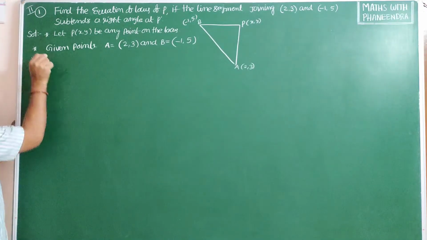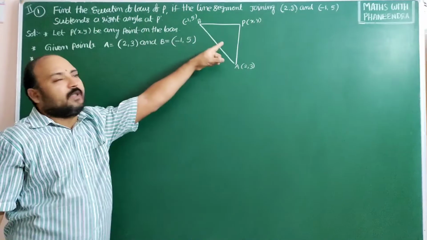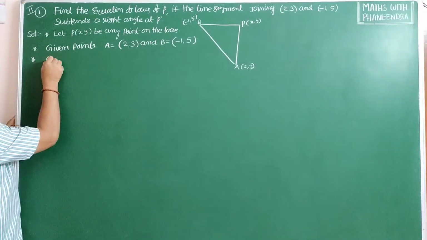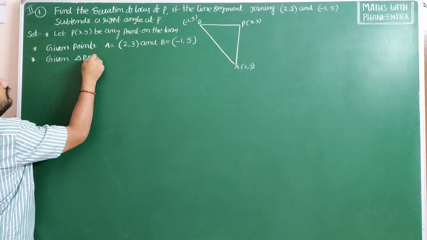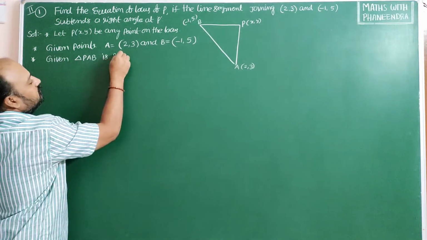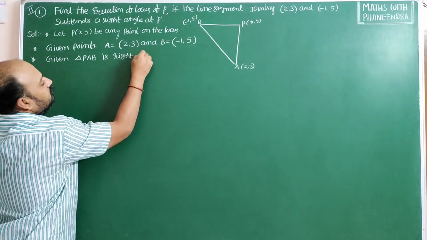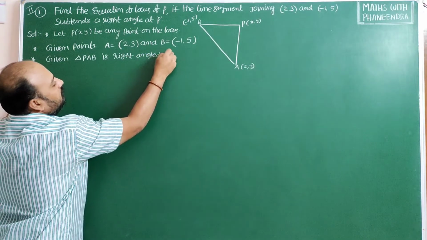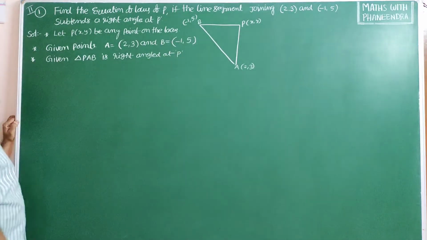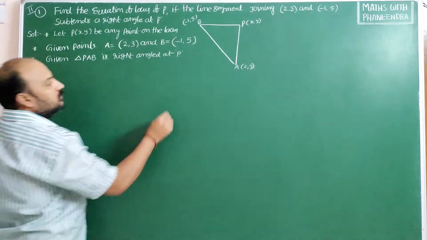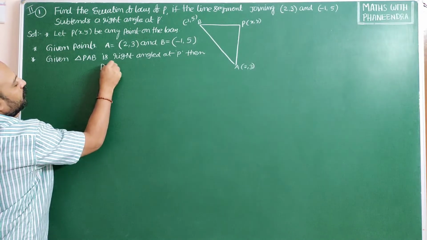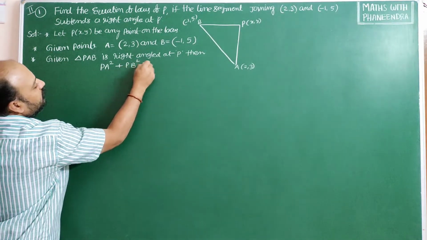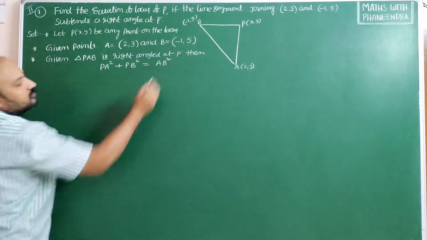So next condition is it subtends a right angle at P. So that means given triangle PAB is a right angle at P, then we have PA square plus PB square is equal to AB square.